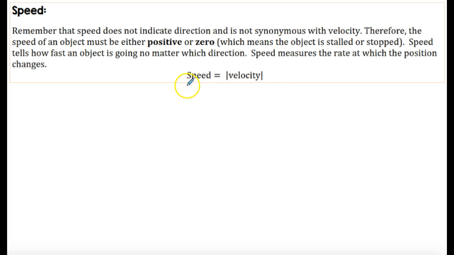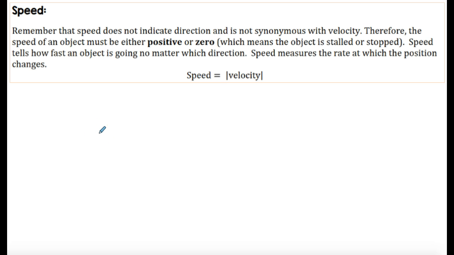The way we define speed is just the absolute value of velocity. It's just our directionless velocity, basically. And we'll take a look at this idea in a lot more detail, mostly from graphs tomorrow. We will take a look at it a little bit today.